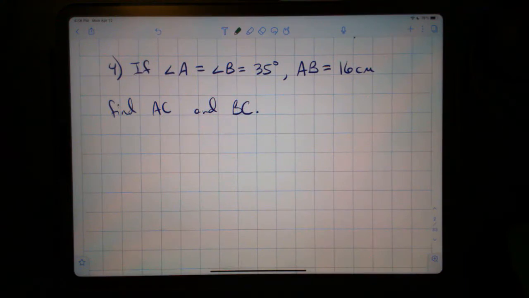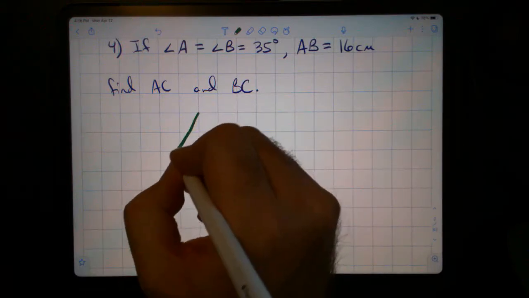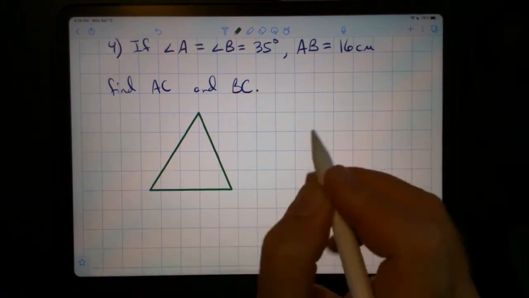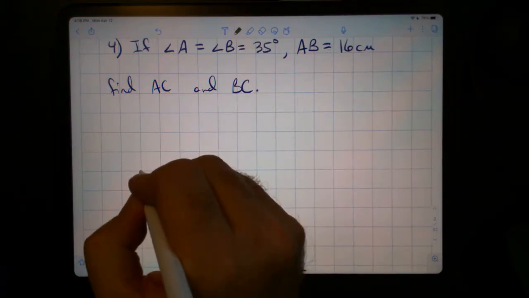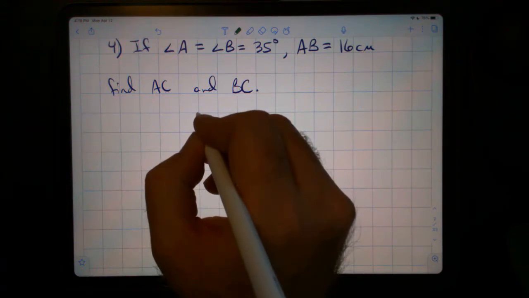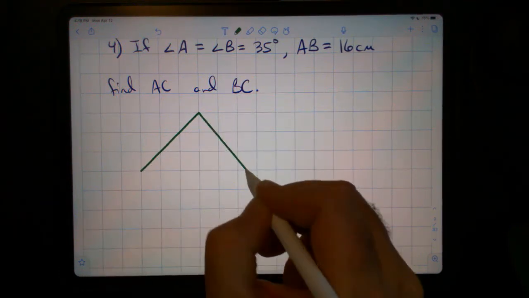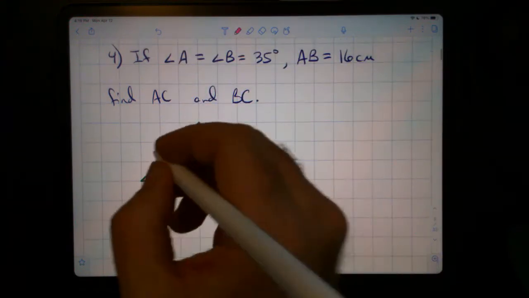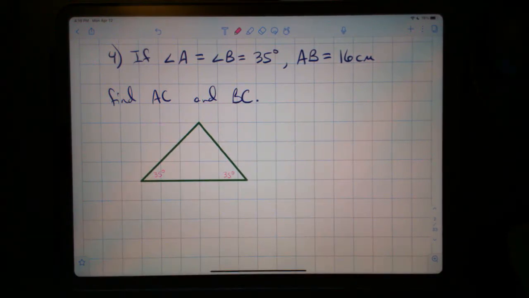So if angle A is equal to angle B is equal to 35 degrees, AB is 16, find AC and BC. Okay. So that's 35 and 35.